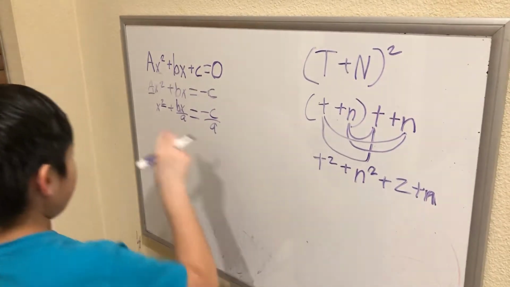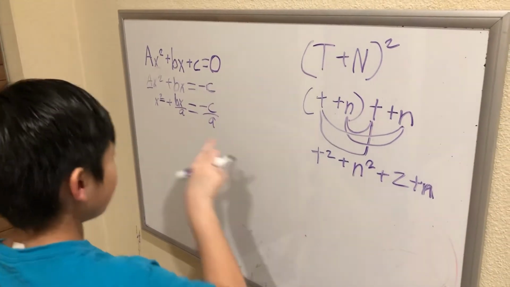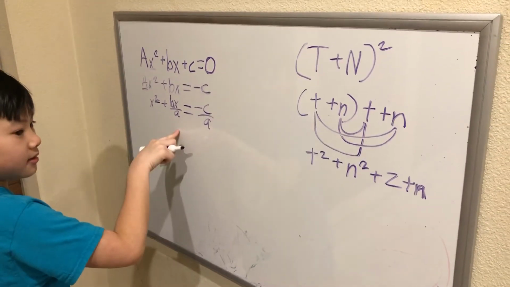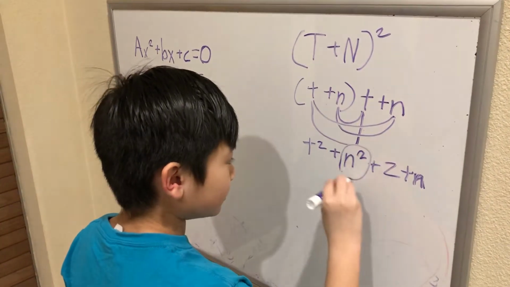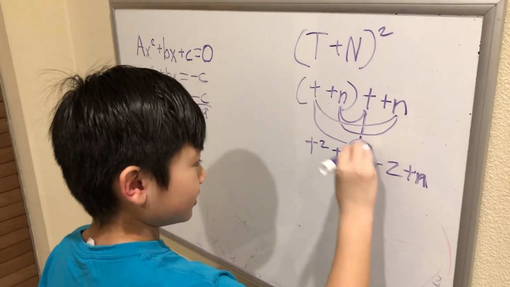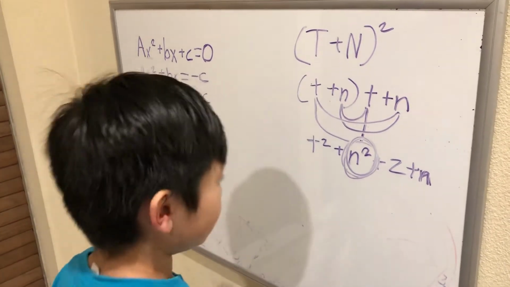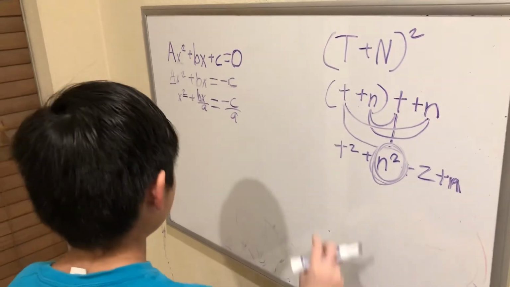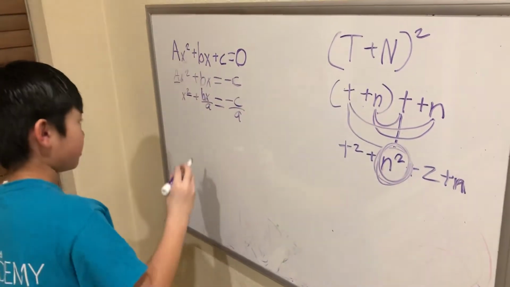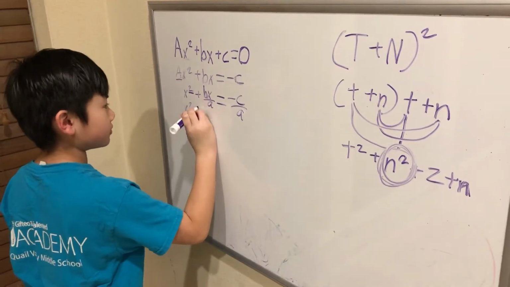So then, x squared is t squared. bx divided by a is 2tn, and we want to figure out what n squared is. Well, it has n and t in it. So first, write a new line.